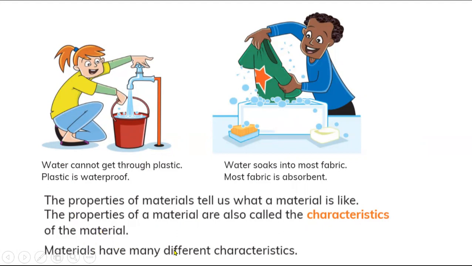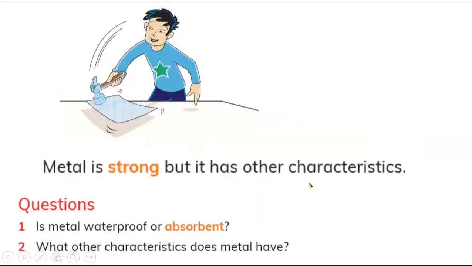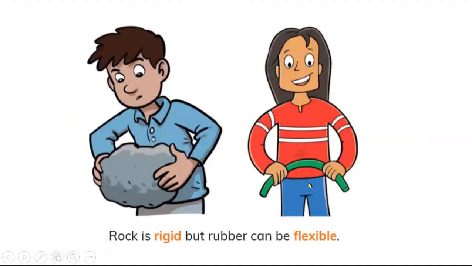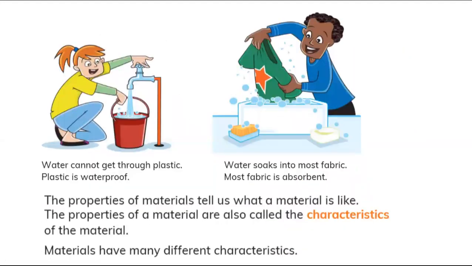Materials have many different characteristics, such as the plastic is waterproof, the jumper is absorbent, the stone, the rock is rigid, the rubber is flexible. So here are the properties.